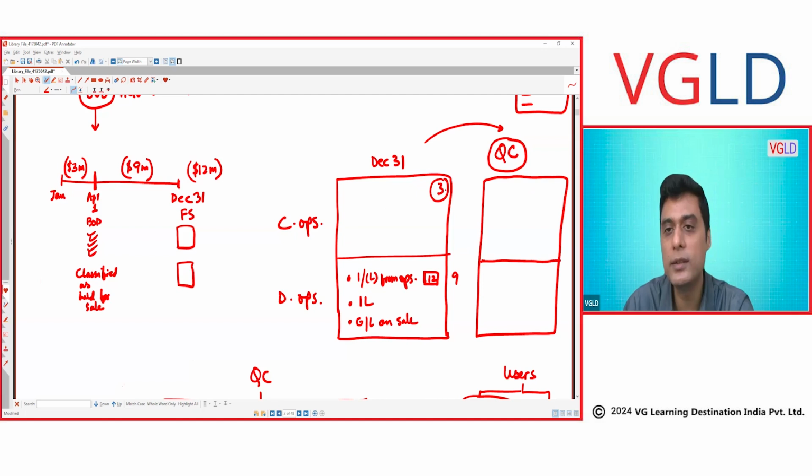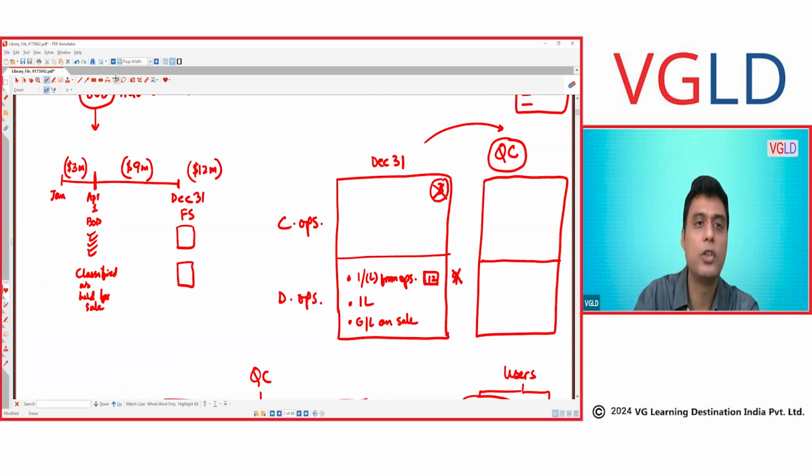Whereas in the future year, this 3 is not going to be there because it is part of discontinued operations. The company would have sold Maruti 800 by then. So showing 3 here and 9 here would be wrong, in terms of the expectations that you're building in the minds of the shareholders or any primary user. So therefore, the entire 12 will be shown over here and nothing in the continuing operations because it is not a continuing operation anymore, right? That is the logic.